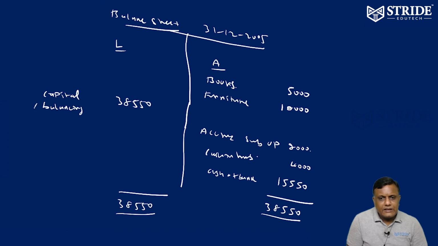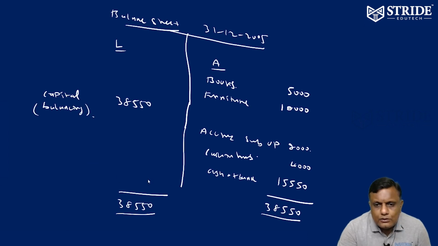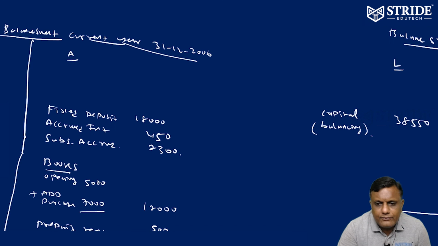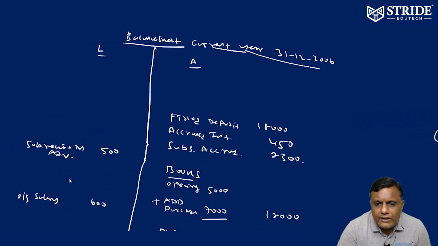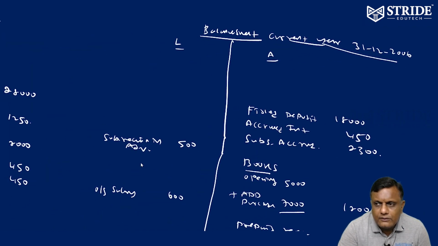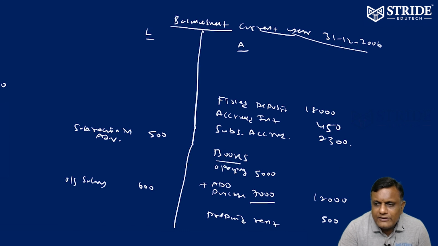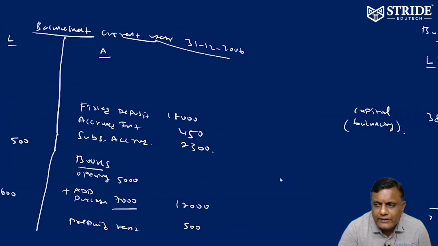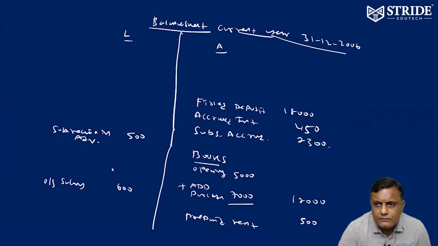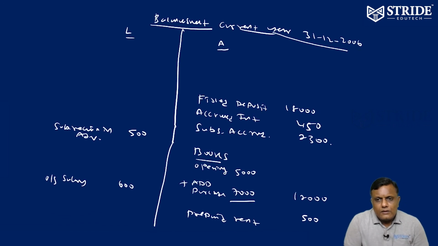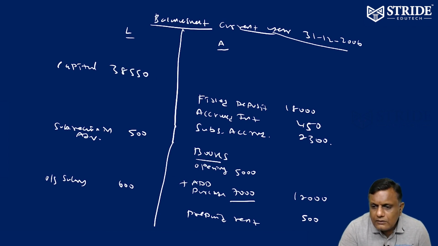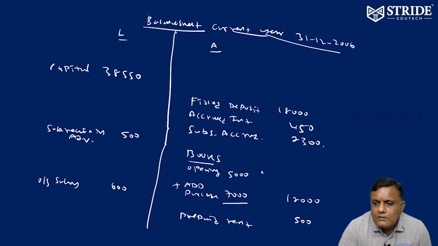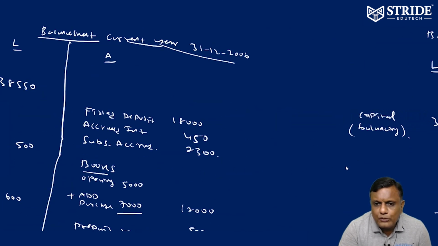So that capital we can post here in the current year balance sheet. How much? 38,550 we can post here as opening capital. So we have posted 38,550 here.